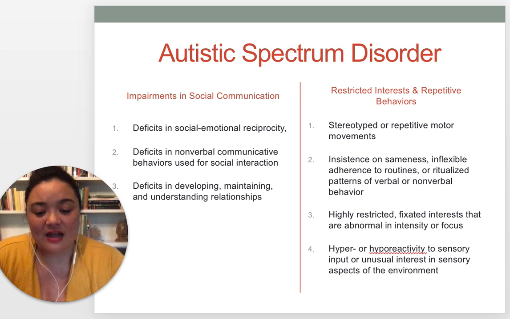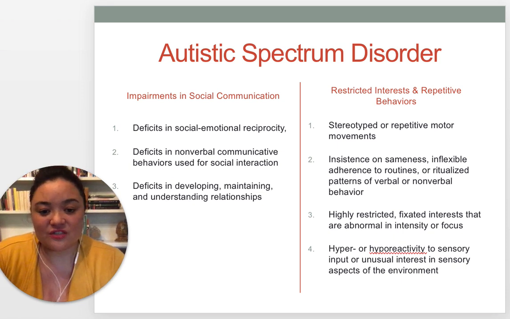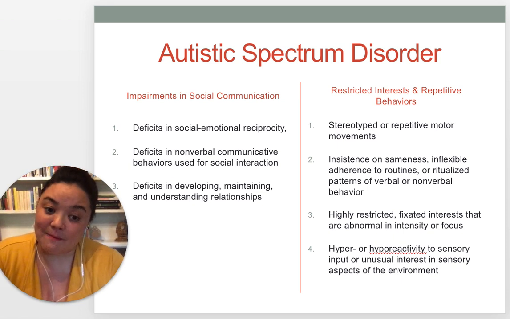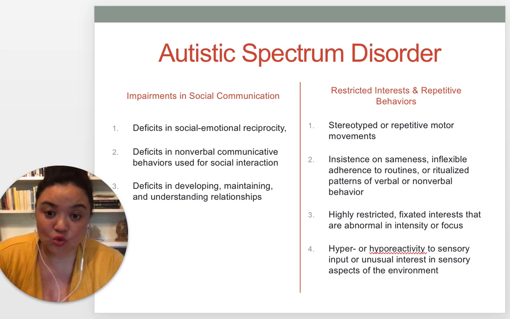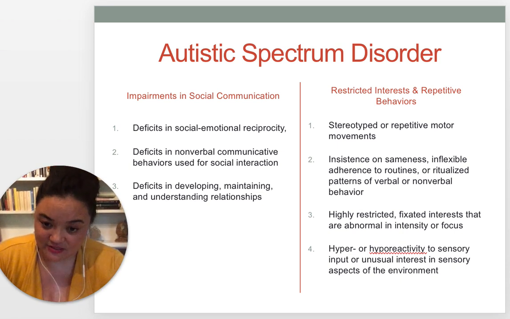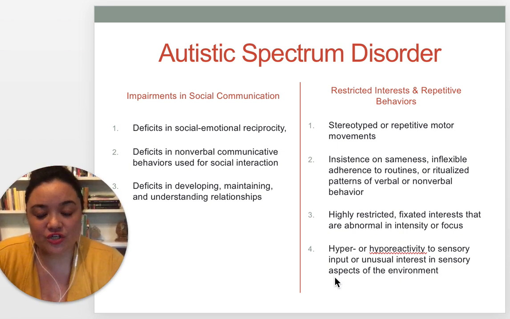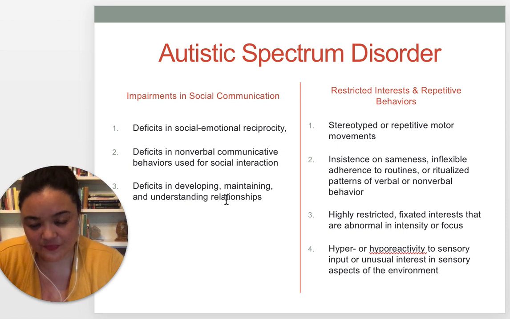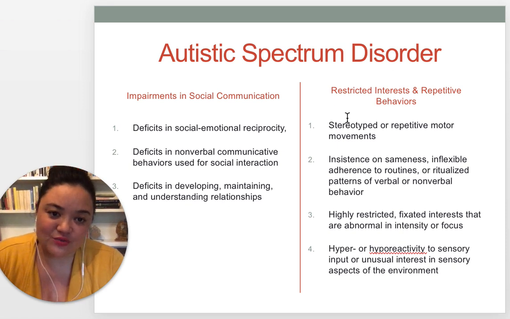For young children, it could look like difficulties engaging in imaginative play, right, or making friends, or in some cases, not really showing any interest in peers. Right? So, in order to be identified with autism, you do have to show deficit in each of these three areas of social communication. The next general area is restricted interests and repetitive behaviors.